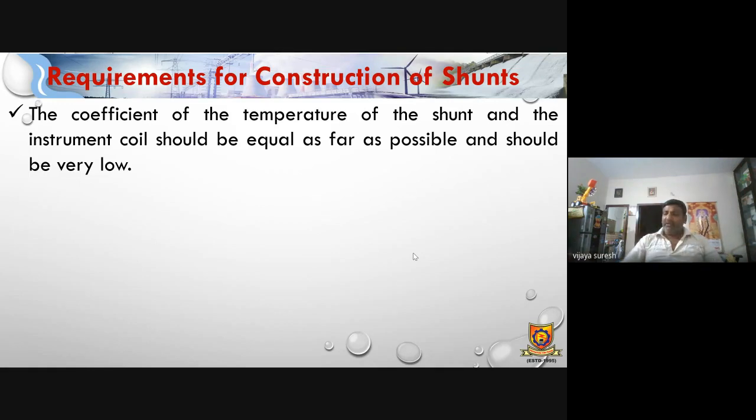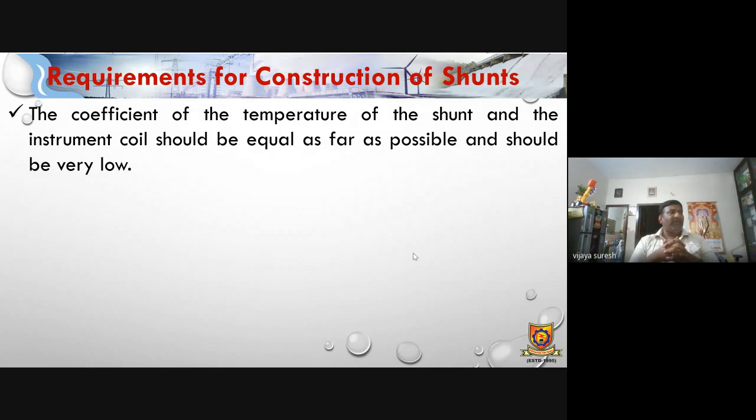The basic definition of Ohm's law is at constant temperature: the voltage across the terminals is the product of the current flowing through and the resistance.